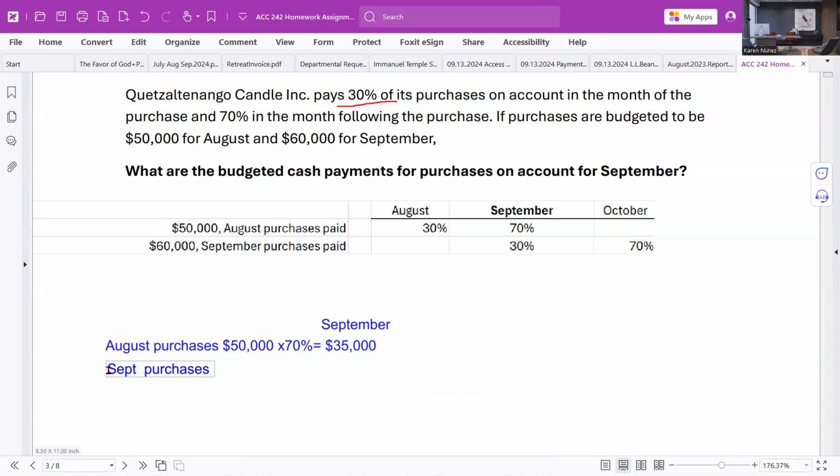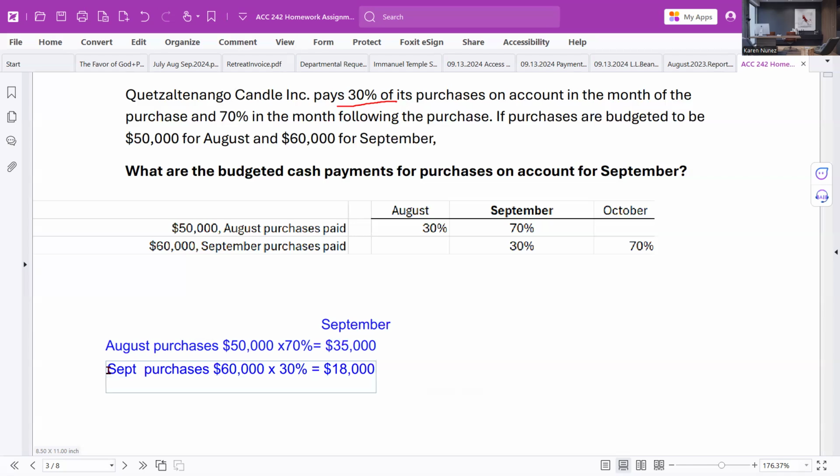And the September purchases were $60,000. But we're only going to be paying for 30% of those September purchases in the month of September. So in September, 60,000 times 30% is 18,000. So in the month of September, we're paying for 70% of the August, 35,000, and we're paying for 30% of September, 18,000.